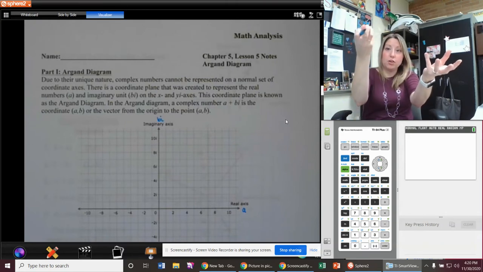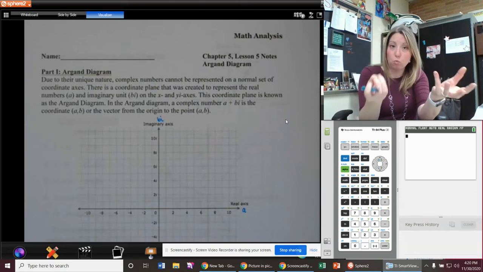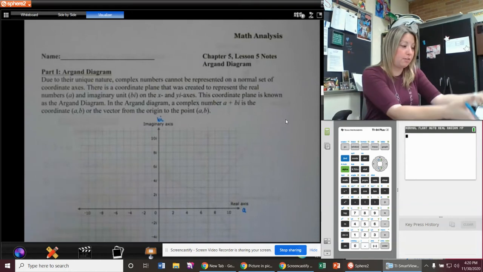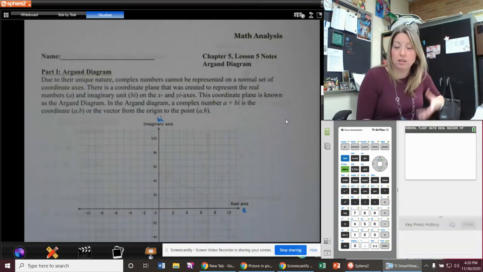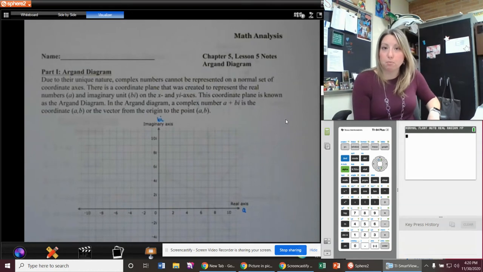You take the number in front of the I, your B value, as your y coordinate, and that's what you graph on this particular coordinate plane, the Argand diagram. It's just an imaginary number coordinate plane.